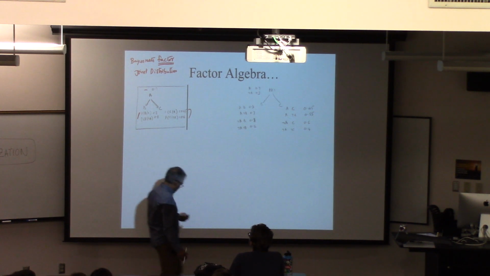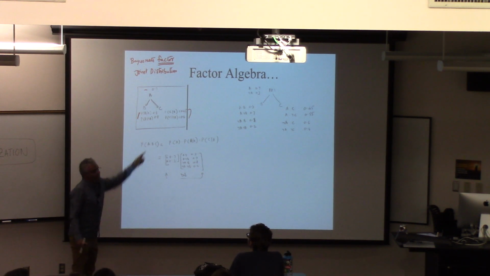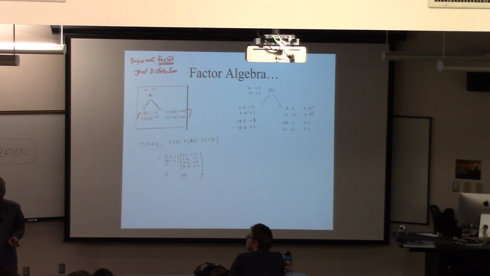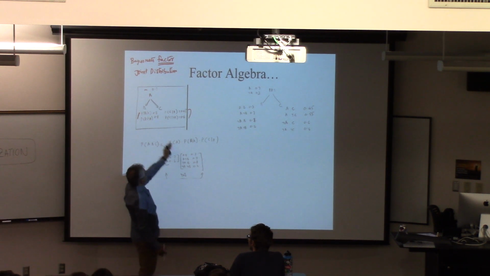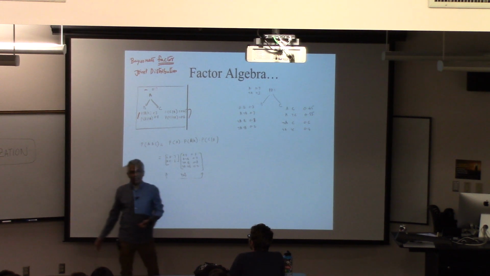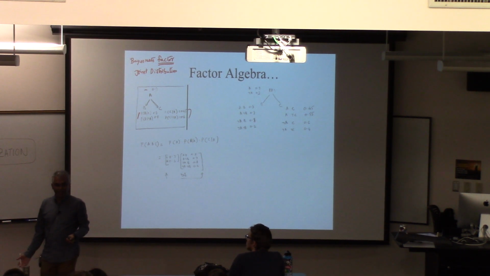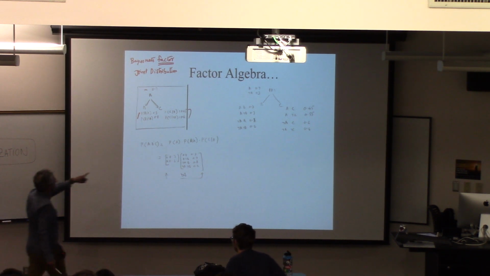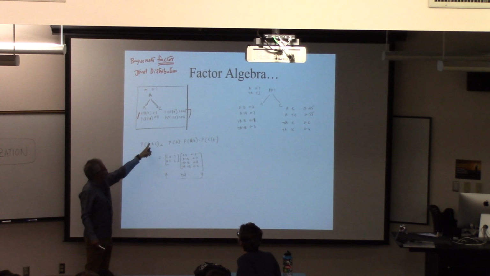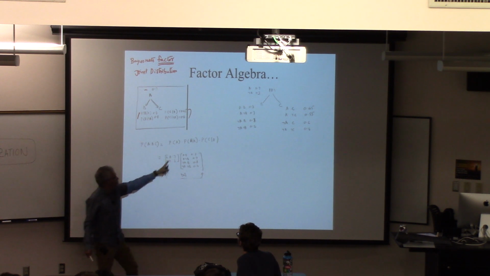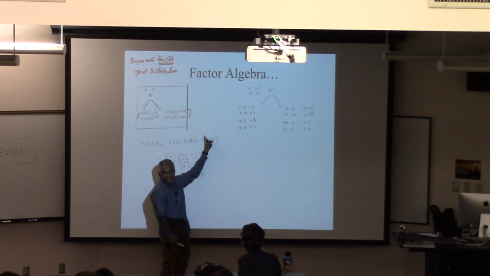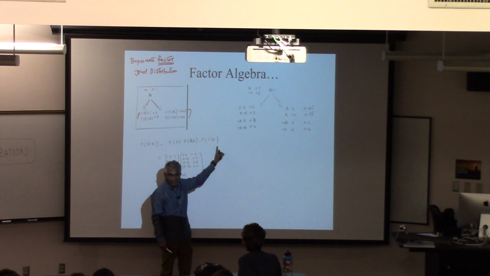This is nothing new. Then what I'm going to do is, the joint distribution is the probability of ABC for this network. Right? That will be written as the probability of A times the probability of B given A times the probability of C given A. In fact, what I wrote for individual entries, one other way of thinking about this is, if you thought of this as A equal to true, B equal to true, C equal to true, it would be the probability of A equal to true times the probability of B equal to true given A equal to true times the probability of C equal to true given A equal to true.